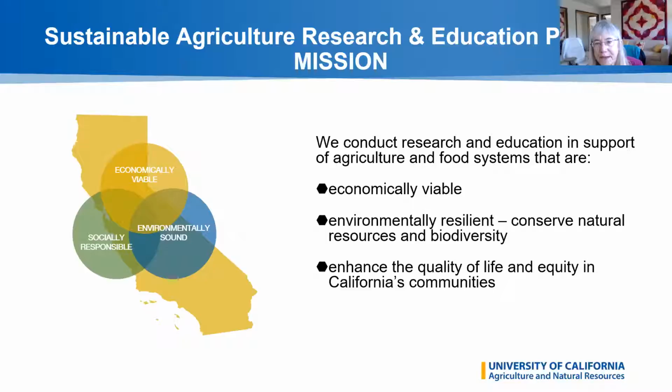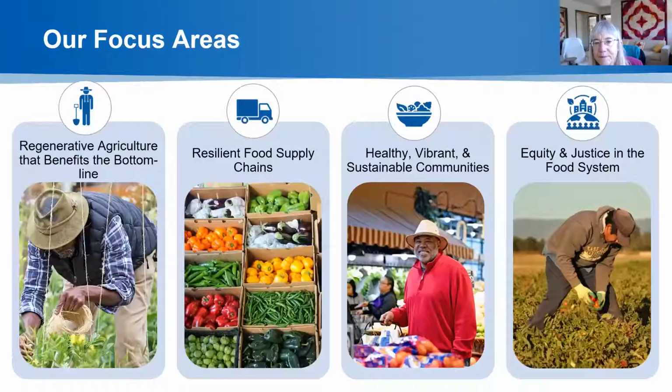Okay, next slide, please. So the way that we carry out that broad mandate is working in four different focus areas. The first is regenerative agriculture that meets the triple bottom line, resilient food supply chains, healthy, vibrant, sustainable communities, and equity and justice in the food system.